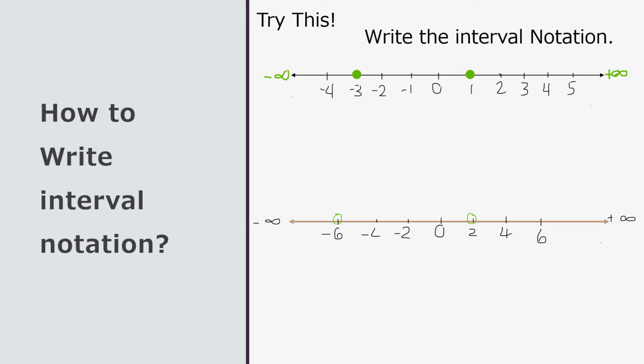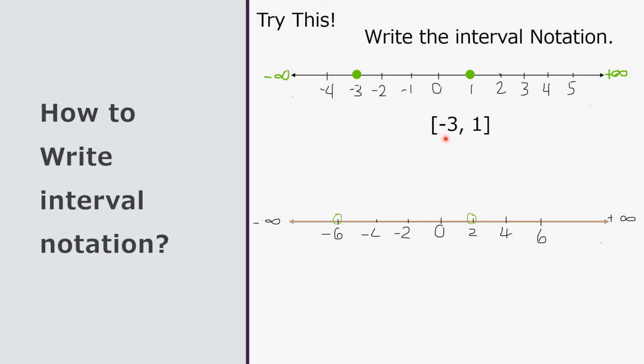You want to try this? So I have here solid, which means included. First, one region is from here going to negative infinity, another one is from negative 3 up to 1, and then the other region is from 1 to positive infinity. So that's the interval notation or the solution set.